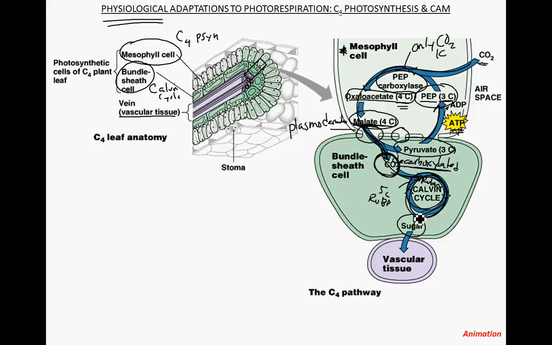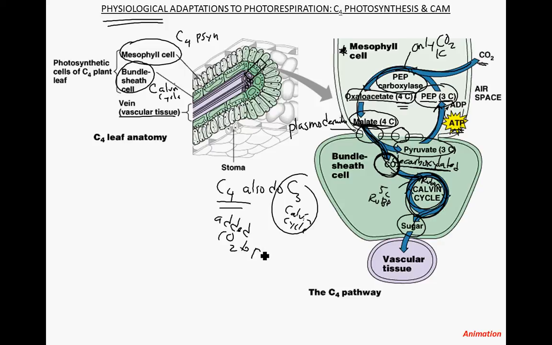A note here that C4 plants also do C3 photosynthesis, that is, also do the Calvin cycle. And that is the way that they make the sugars. This is the way that they make the organics, is using that Calvin cycle. But the C4 is added as a way to get CO2 directly to rubisco.